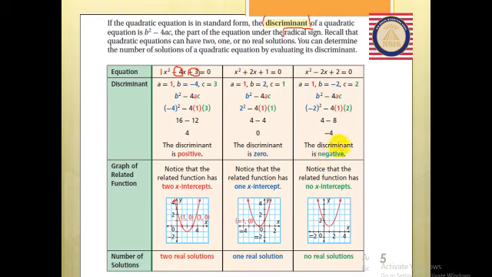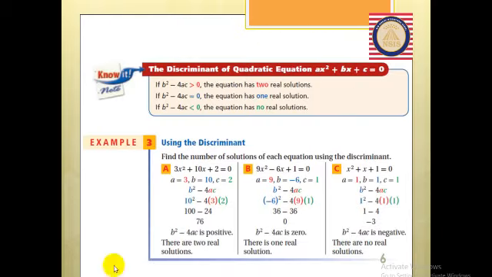If it's negative, there is no real solution. So if my discriminant is greater than 0, two real solutions. Equal to 0, one real solution. Smaller than 0, no real solutions.